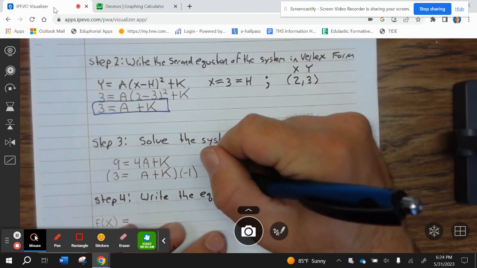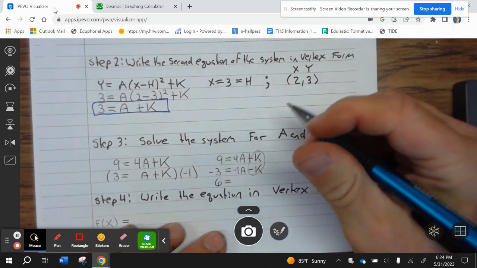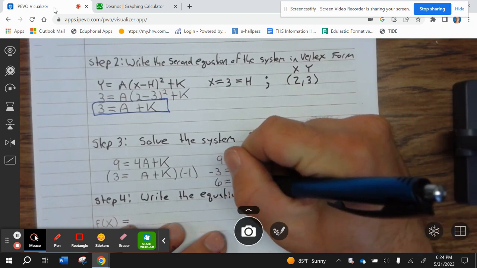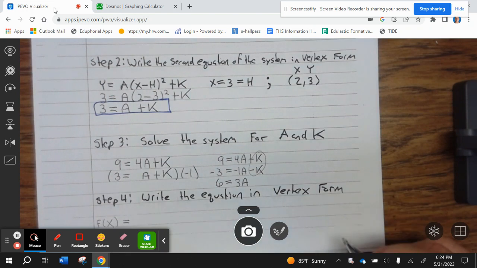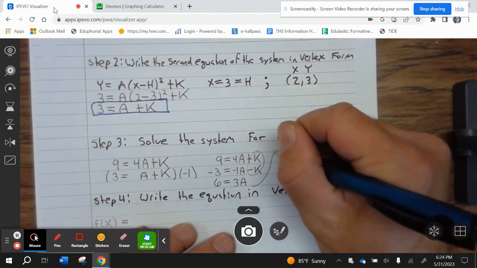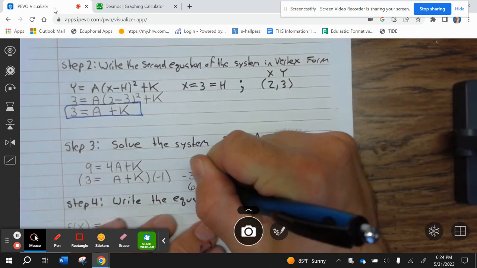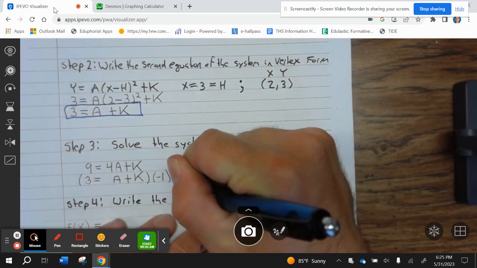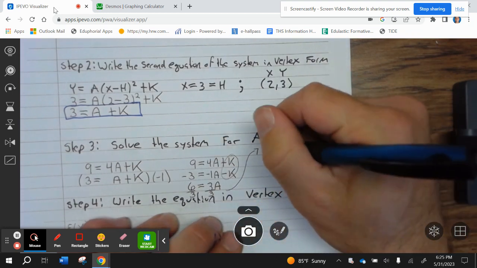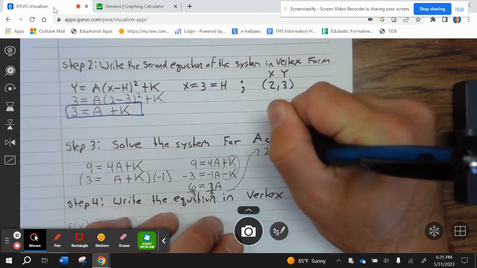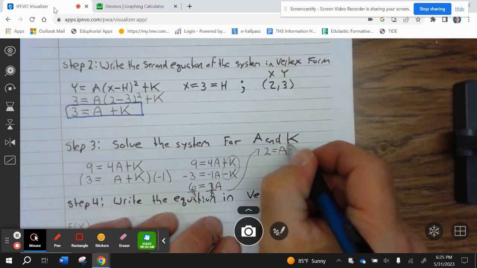We're left with 9 minus 3 is 6 equals 4a minus 1a is 3a. So we'll come over here. If we divide both sides by 3, 6 divided by 3 is 2 equals a. So now we have a.